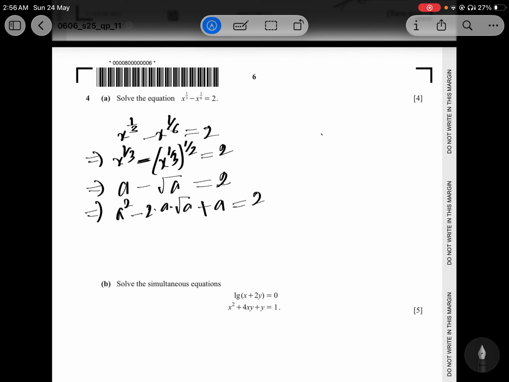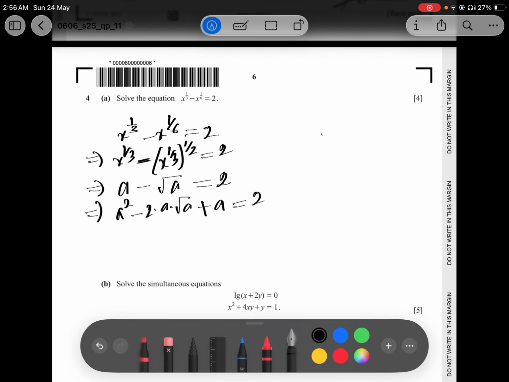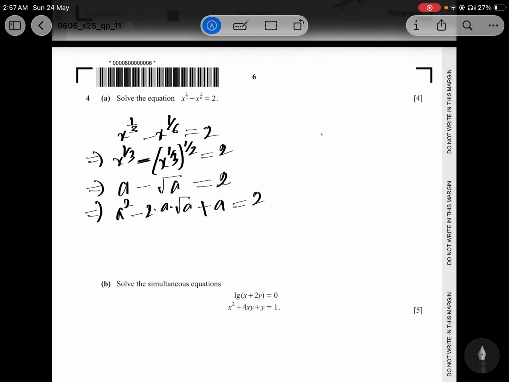I don't know why I'm not getting it right now. No, it shouldn't be that hard actually. Okay, I'll get back to it there.